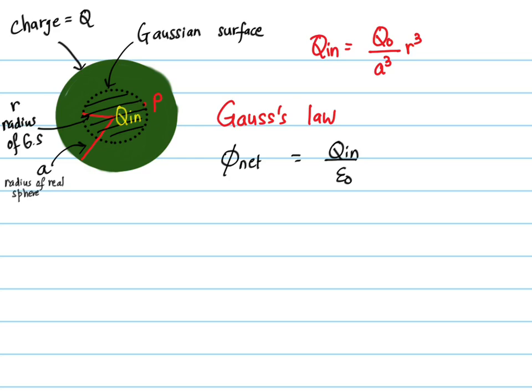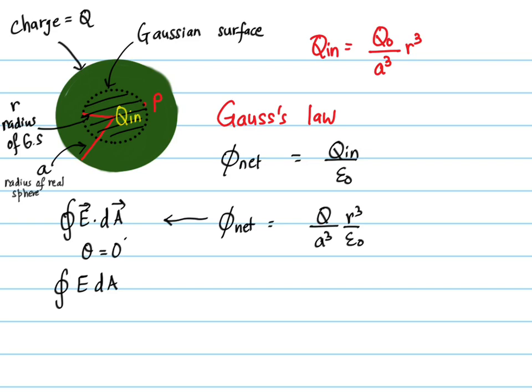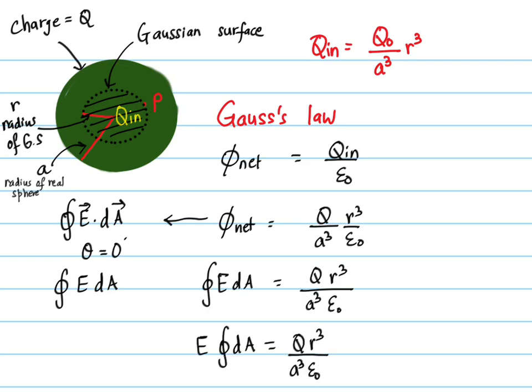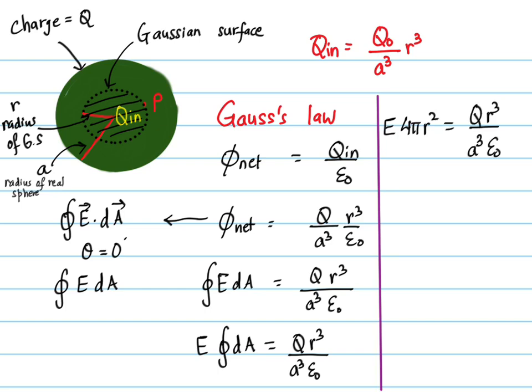Now Gauss's law states that phi net equal to Q in over epsilon naught. We repeat and we substitute Q in by its formula. Now phi net can be written as closed integral E dot dA, theta is equal to 0. We can write it as closed integral EdA. We take E out and then closed integral dA will be 4 pi r square, exactly like what we did before, which is equal to Q r cube over A cube epsilon naught.